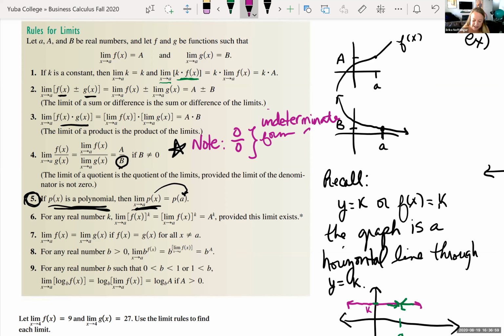It doesn't tell us anything about the limit.